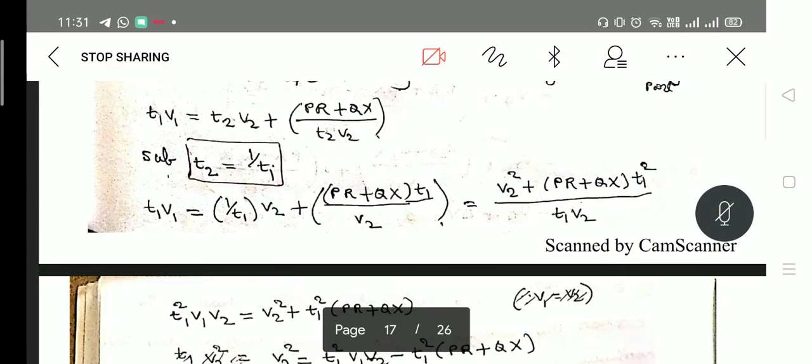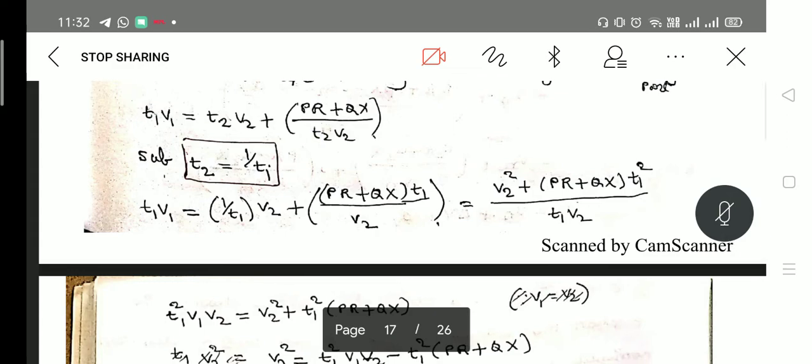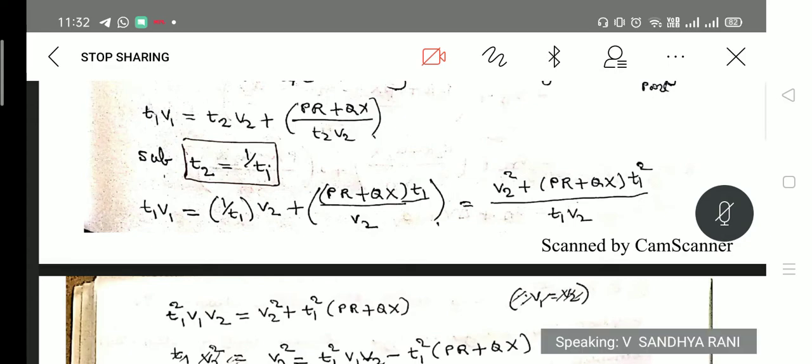In place of T2 I am substituting 1 by T1. So T1 V1 is equal to T1 into 1 by T1 into V2 plus PR plus QX into T1 by V2. Here we can cross multiply this V2 square, and from this side T1 square into PR plus QX by T1 V2.